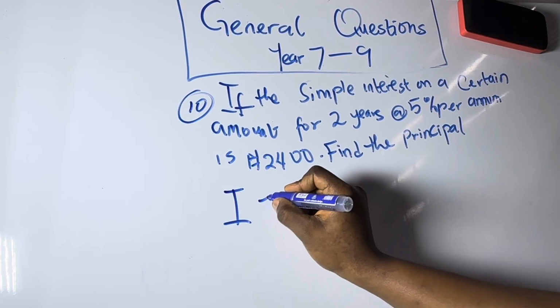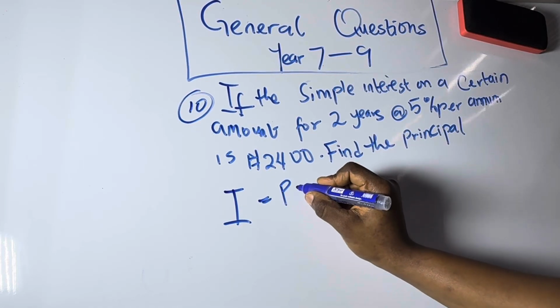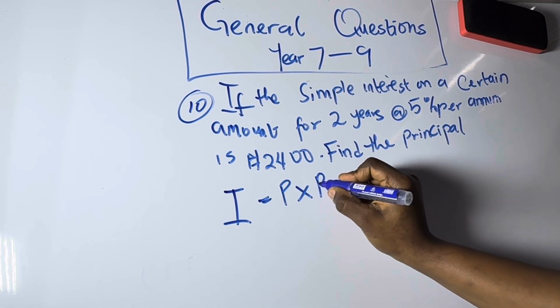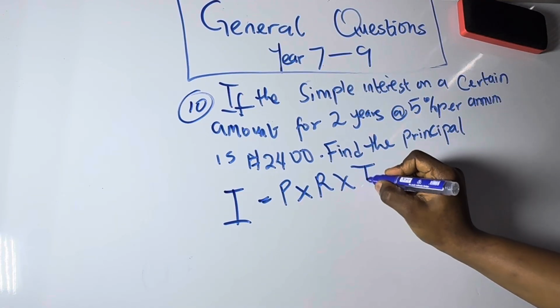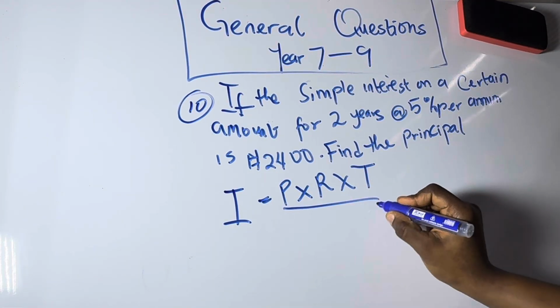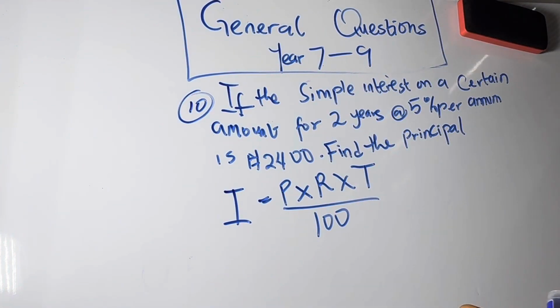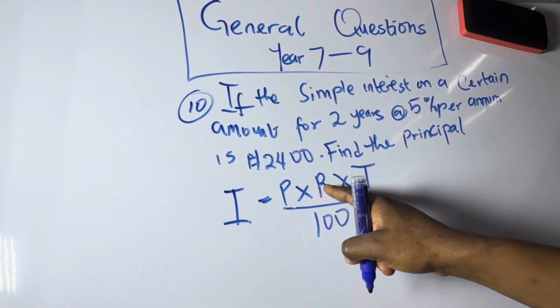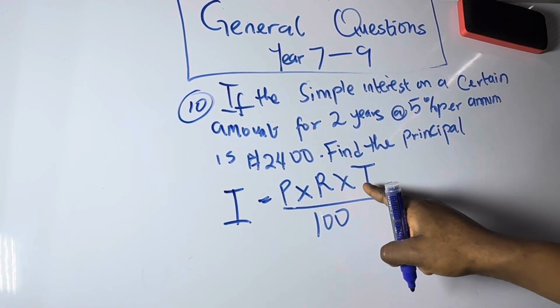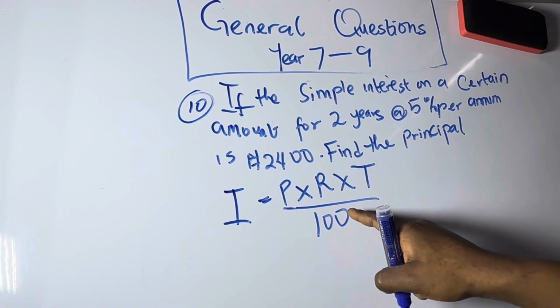Simple interest equals principal times rate times time over 100. Please take note of this formula.